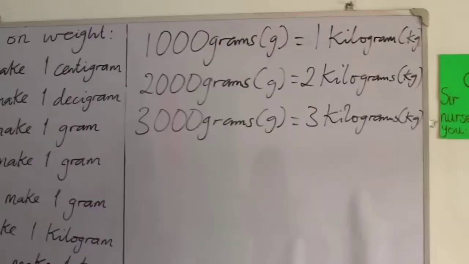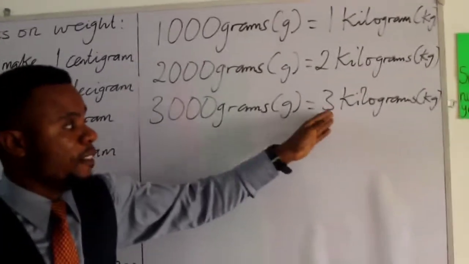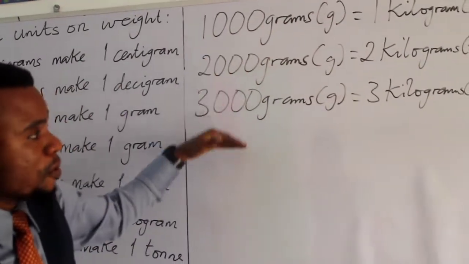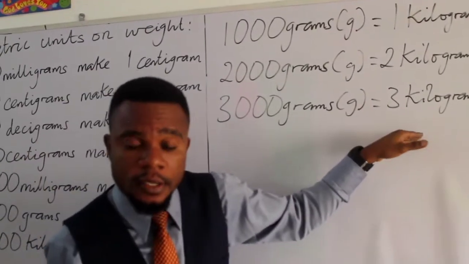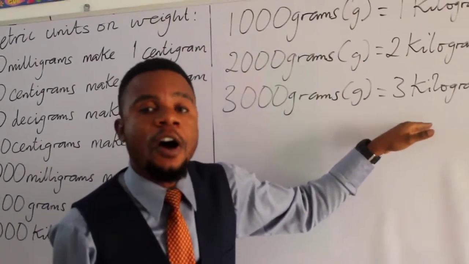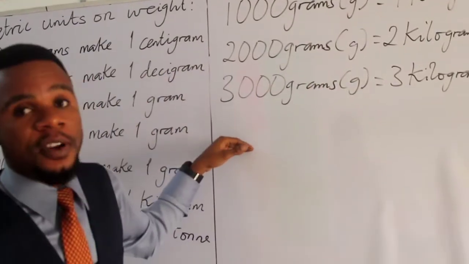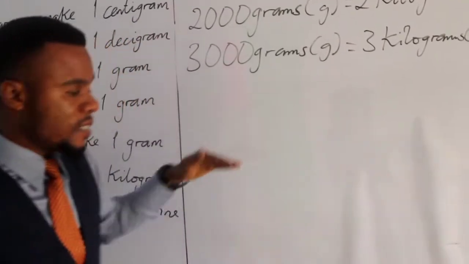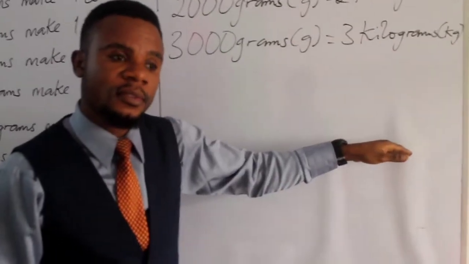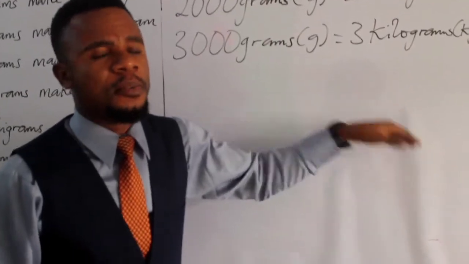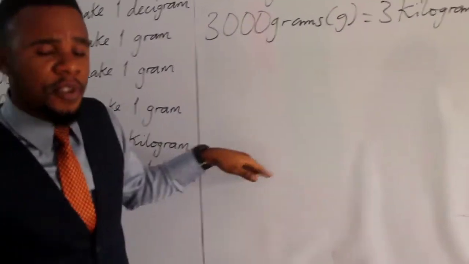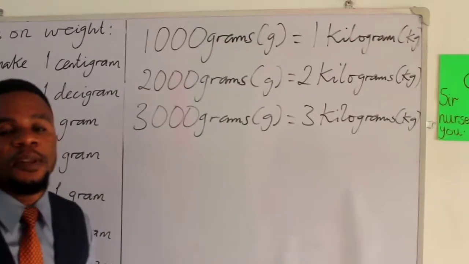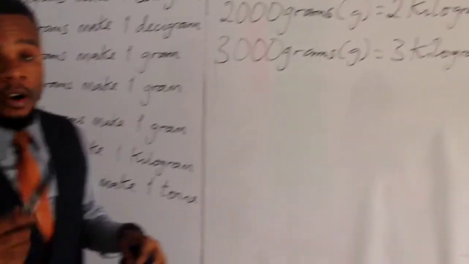So 3 is equal to 3000, 2 to 2000, 1 to 1000, and so forth. 4000 grams is what? 4 kilograms. Good. 5000 grams is what? 5 kilograms. 6000 grams is what? 6 kilograms. Good. 7000 grams is what? 7 kilograms.